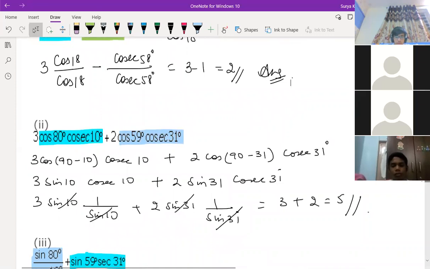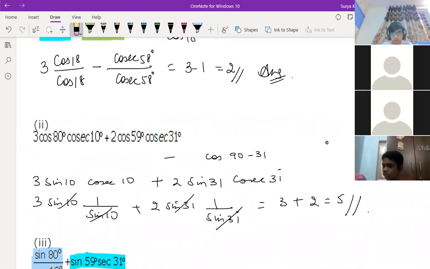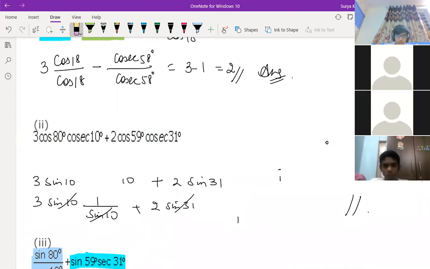Next question. Question number second. All of you do this question number second. I think you can do this question. Rasool, what is the answer for this? Tell me. All of you do by yourself.